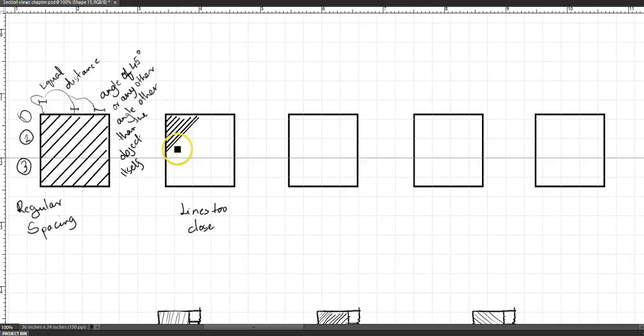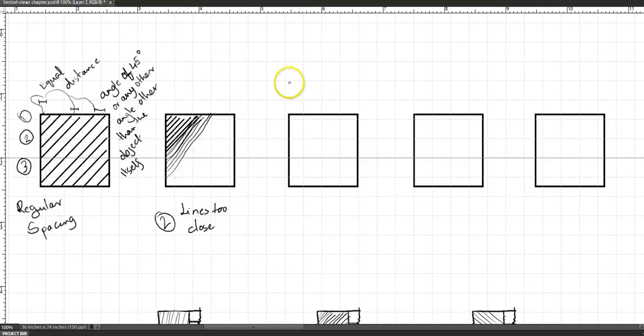And that is wrong because why? You can misinterpret the drawing. So that's why we have to follow all these section lining techniques. So second one, you cannot have lines that are too close to each other. Okay? So don't do that. Not too close. It has to be at a certain distance.